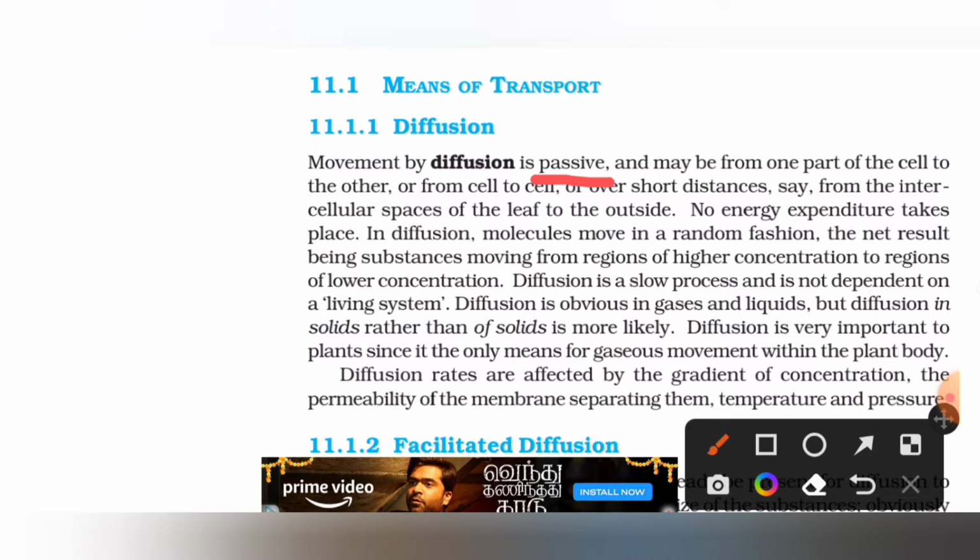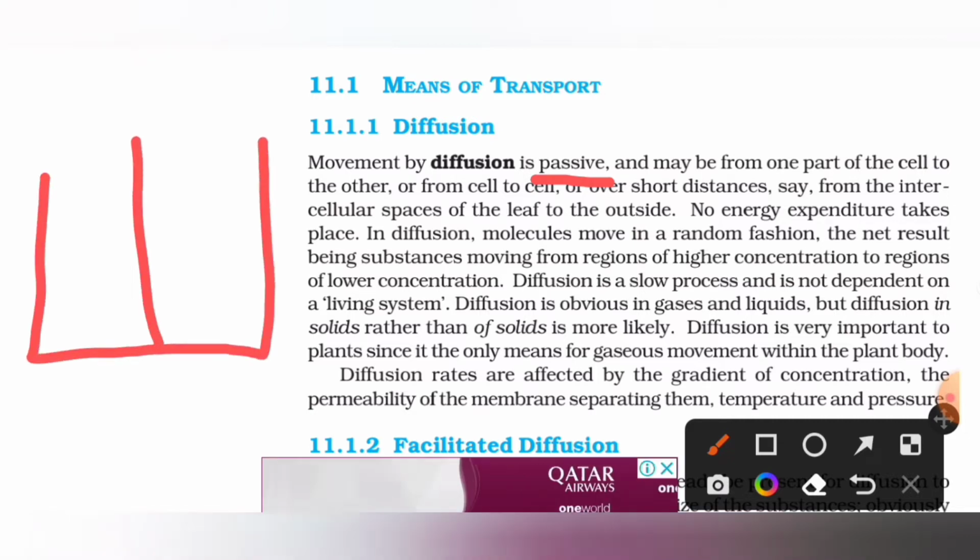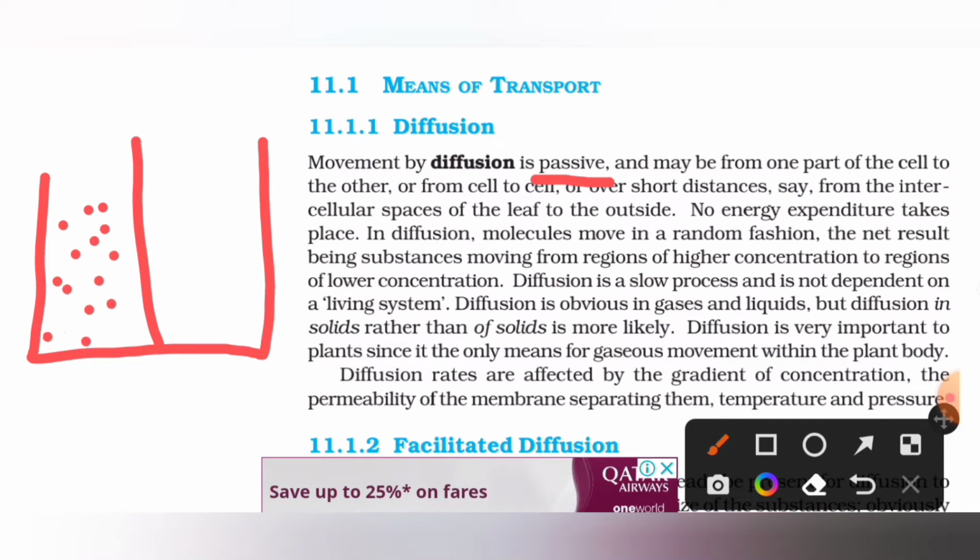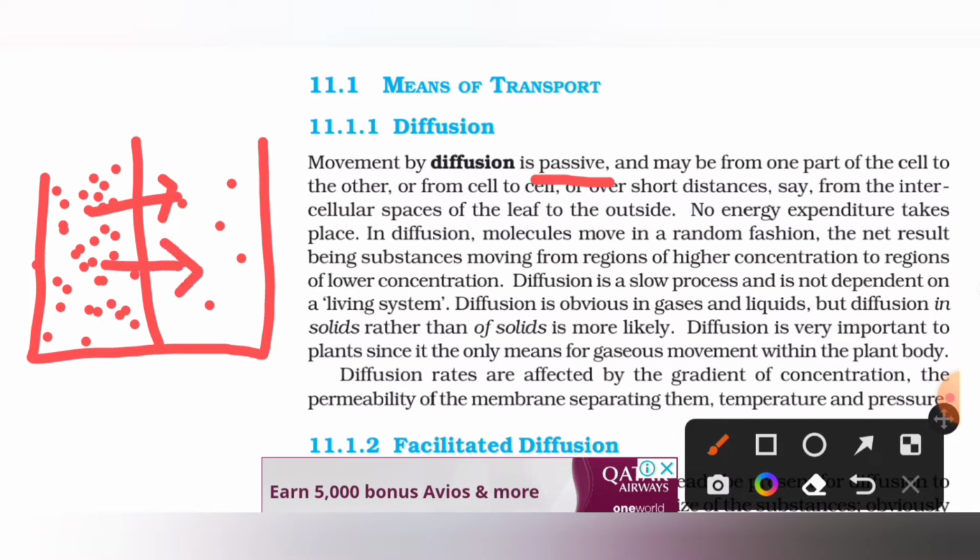So what is the proper definition of diffusion? I'm drawing a beaker where there is more concentration of particles on one side and very little on the other. The particles move from the higher concentration to the lower concentration. This is the diffusion pressure, the movement of particles from the higher concentrated area to the lower concentration area.